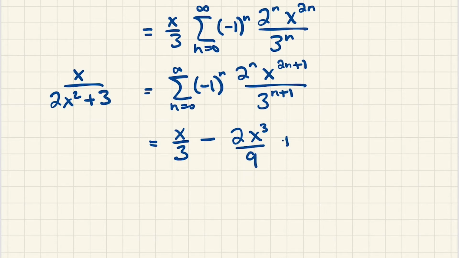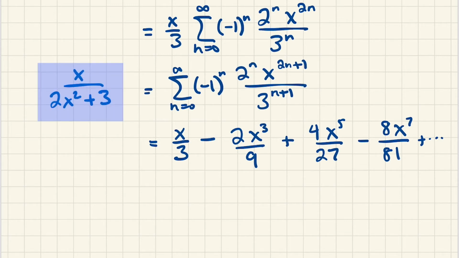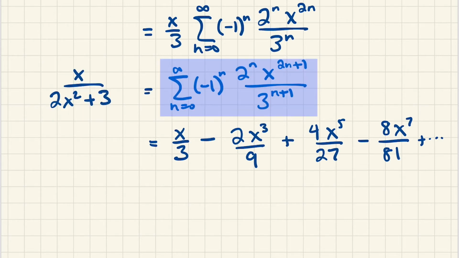And then plus 4x to the 5 over 27, and then minus 8x to the 7 over 81, plus and so on. So for x values in the interval of convergence, this function is identically equal to this series with these terms.